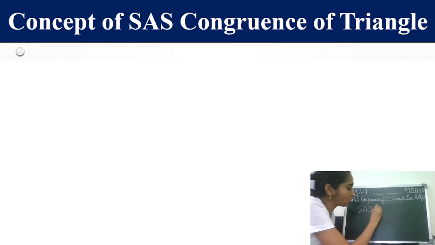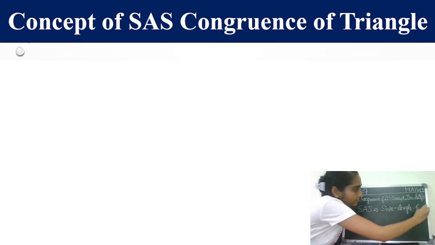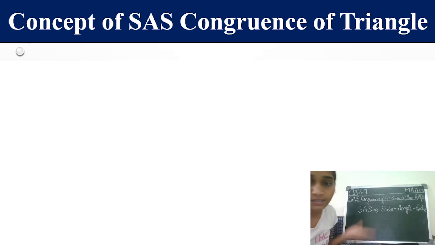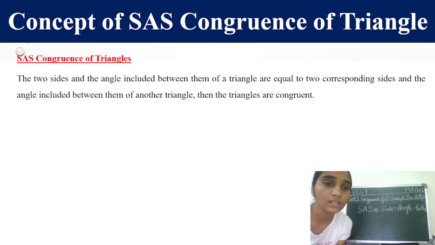Yes, this is the short form of side, angle, side. So you must be getting an idea that we have something related to two sides and one angle of the triangle. Yes, you are absolutely correct. So students, the SAS congruence of triangle states that the two sides and the angle included between them.